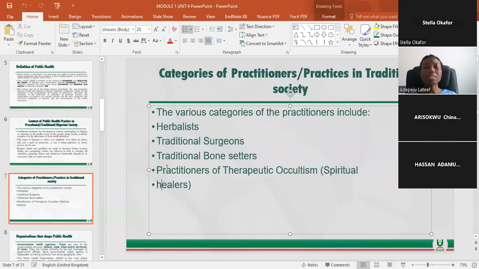And amazingly, the brother is back on his feet now. So the traditional bone setters are recognized to have attained a level of success comparable to that of the orthodox, in the Nigerian context. And a lot of families actually visit them.